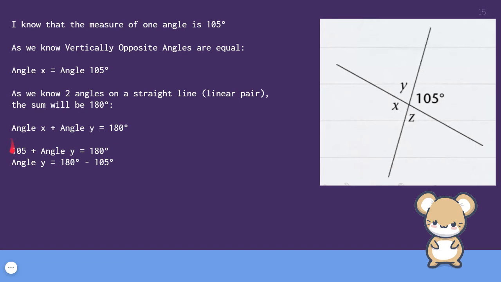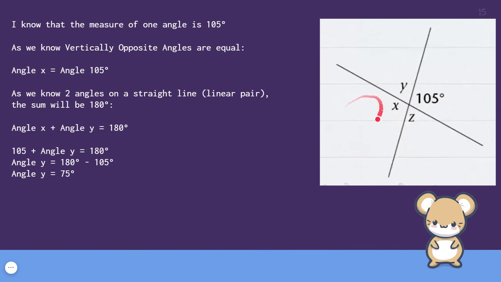Since I can see there is no sign over here before this number, that means it's a plus sign, right? So if it's like this, I'm going to take it on the other side, and I will now make it minus 105 degrees. Now I will simply subtract. So I will get the answer as 75 degrees.